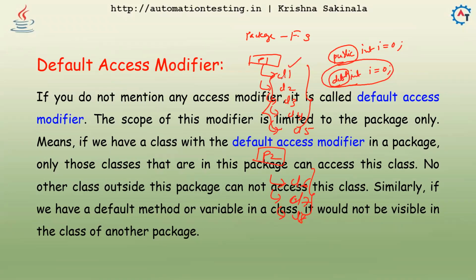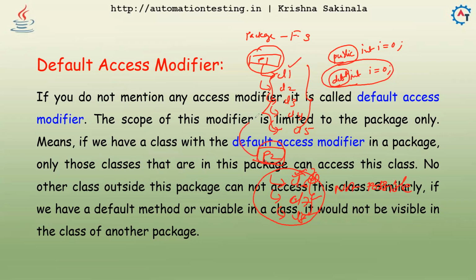But if you want to access that from package P2, from class 6, class 7, or class 8, that is not possible. You can access default things within this package only. If something is defined in class 6 as default, it is only accessible between the classes in the P2 package.